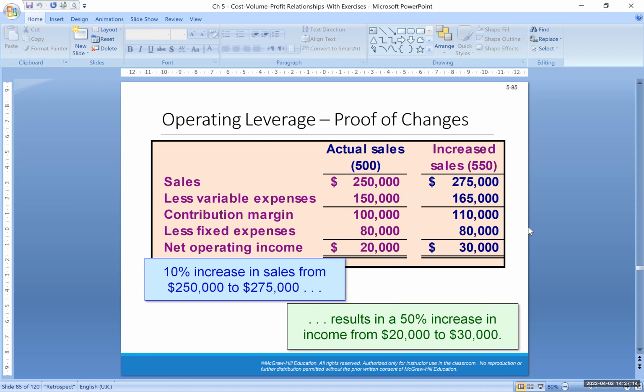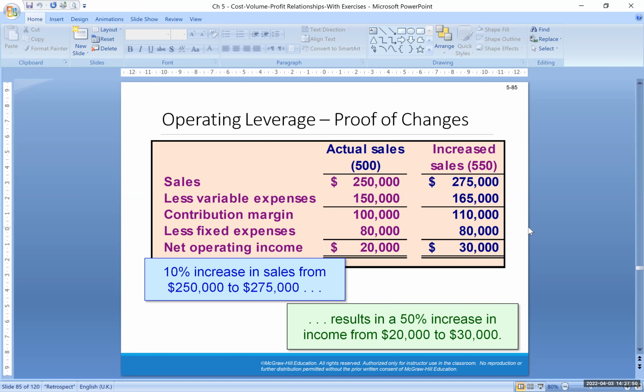The 20,000 becomes 30,000, which includes an increase of 50% of the 20,000, which is 10,000. So 10,000 plus the 20,000 equals 30,000. A 10% increase in the sales from 250,000 to 275,000 results in a 50% increase in the income from 20,000 to 30,000. Okay, and this is the meaning of the leverage.